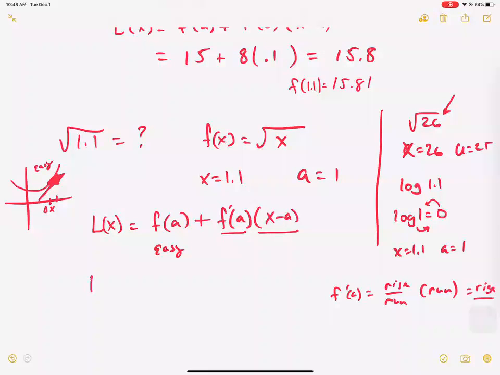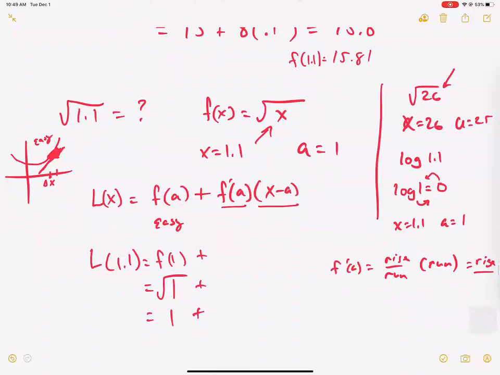Okay, so my approximation of 1.1 here is, what's my easy point? It's just f at 1. And what's f at 1? That's going to be 1. Everyone go with that? That's just the square root of 1, and the square root of 1 is 1. Easy peasy. Now, what's the derivative of square root of x? That's a little harder. F prime of x is 1 over 2 square root of x.